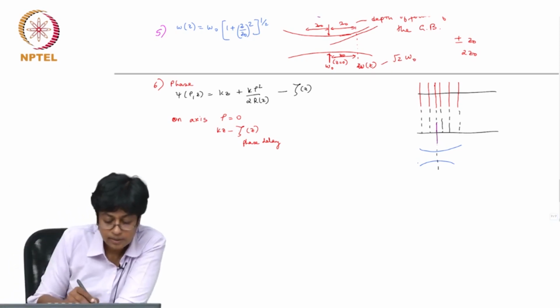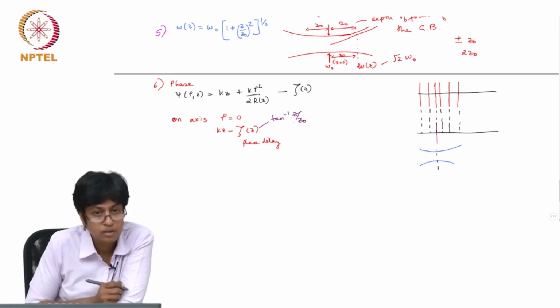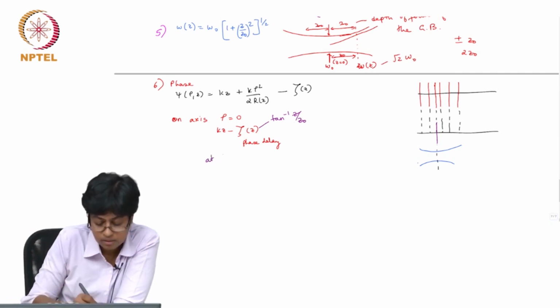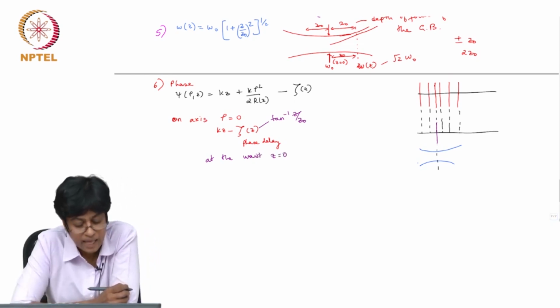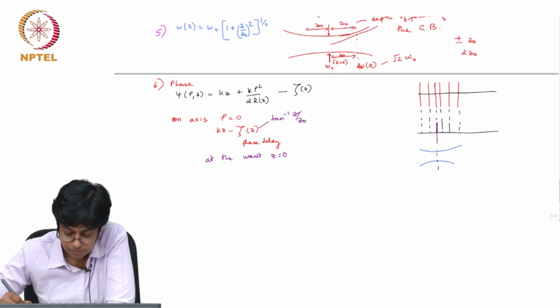Why? Because zeta of z is tan inverse z by z naught. At the waist, z is 0. So at the waist, the phase is the same as the plane wave. There's no deviation from the plane wave.